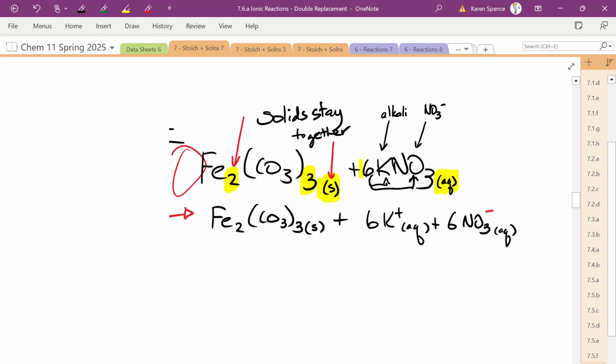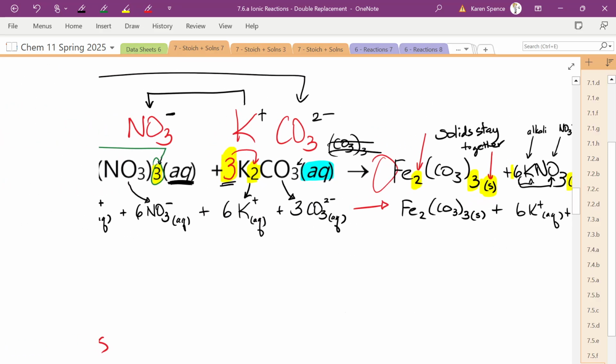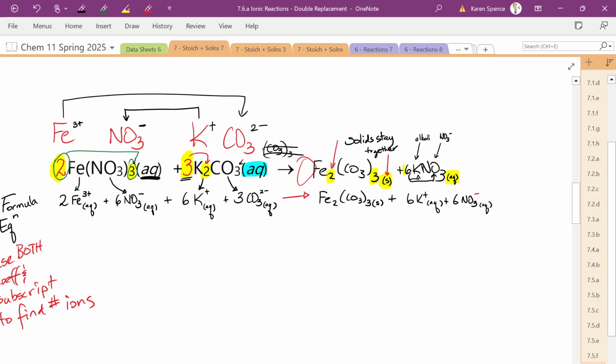And what do we call this equation? This big, long, crazy thing. So this one up here was the formula equation. Sorry, that was the formula equation. What do we call this one?